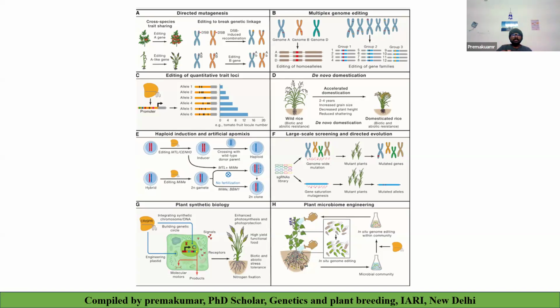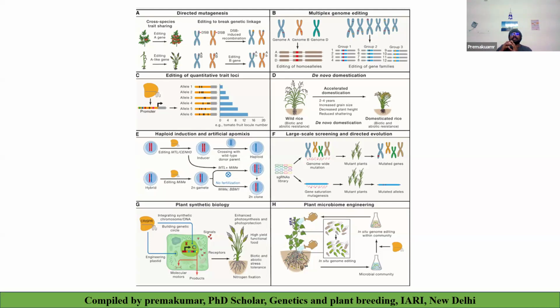It's very easy. Then you can edit quantitative trait loci. First we have to take the number of alleles, and identify which allele has more effect. After identifying the particular allele, your expression of the QTL can be increased.